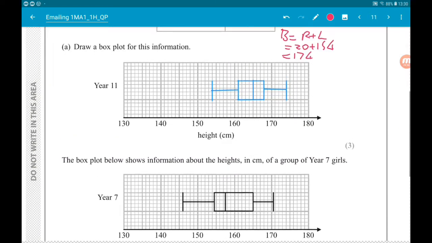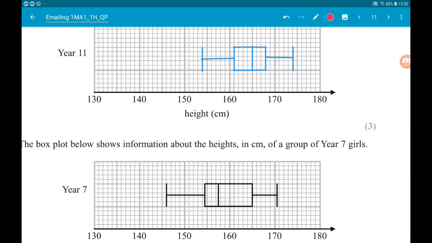First one I would go for is that the Year 11 girls have a higher median, so in general the Year 11 girls are taller, as you would expect. And then the other I would say is that the Year 7s are more spread out, so they have a more diverse distribution of heights than the Year 11s. Cool.